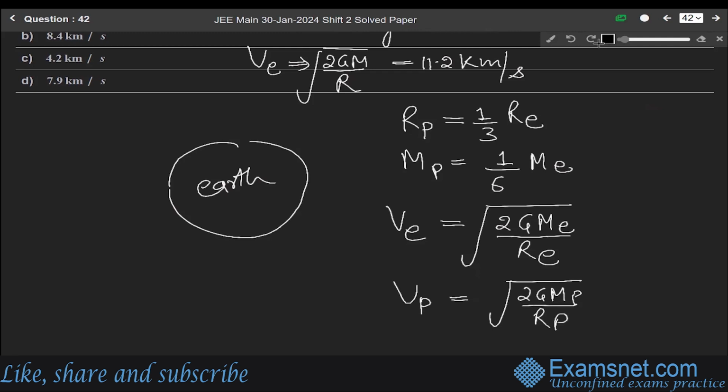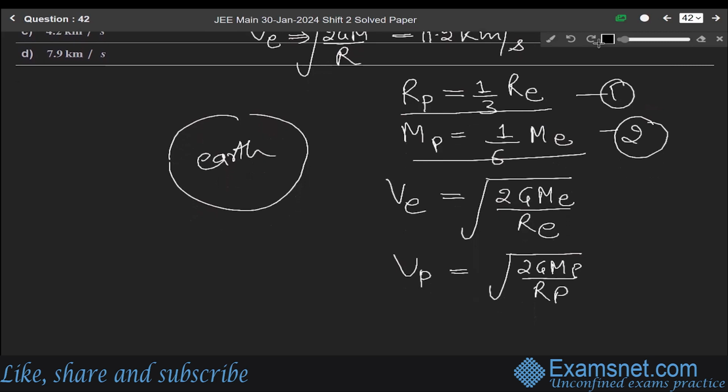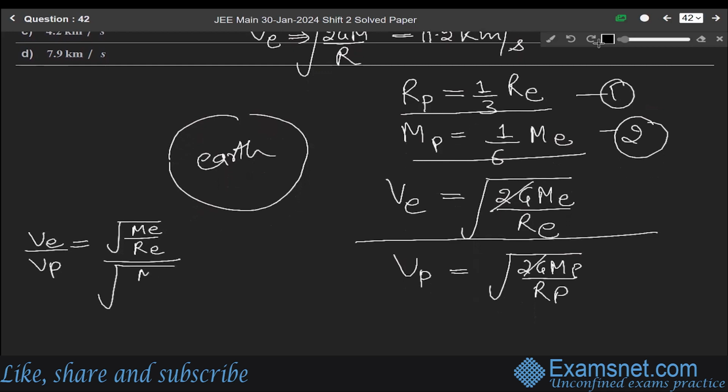Now putting the values of Rp and Mp from equations 1 and 2 into this equation for Vp, first divide Ve by Vp. Dividing Ve by Vp, under root 2G cancels out. It will be equal to under root of Me over Re divided by under root of Mp over Rp.